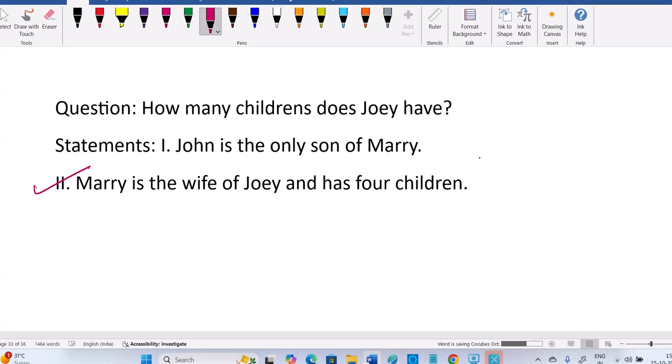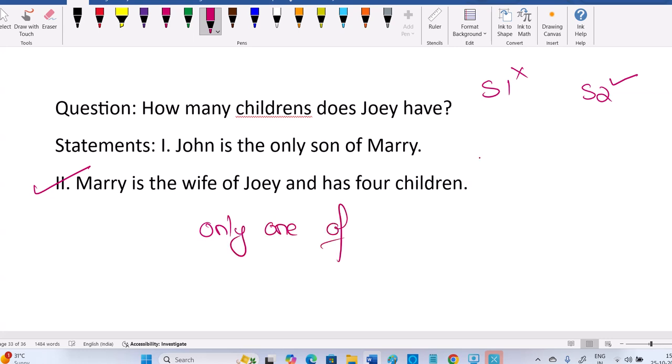Only two. One alone is not possible. Don't go for together. Two alone is possible. Okay. So only one of the statements alone is sufficient. You may have the option, say statement two alone, or they'll give the option. Only one of the statements alone is sufficient. Or statement two alone is sufficient. Statement one is not sufficient. It depends.